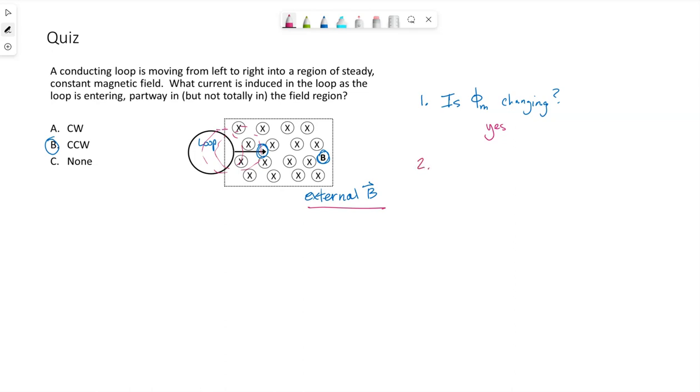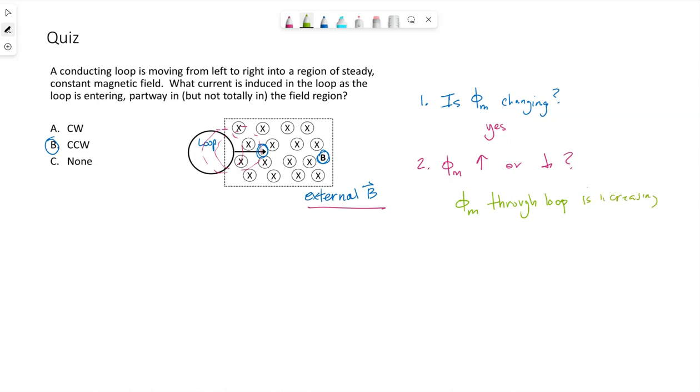Number 2 was to ask ourselves, is the magnetic flux increasing or decreasing? Is it getting bigger and bigger or smaller and smaller? Well, as this loop moves to the right, it is allowing more of these magnetic field lines to point through. So in this particular case, the magnetic flux through the loop is increasing.